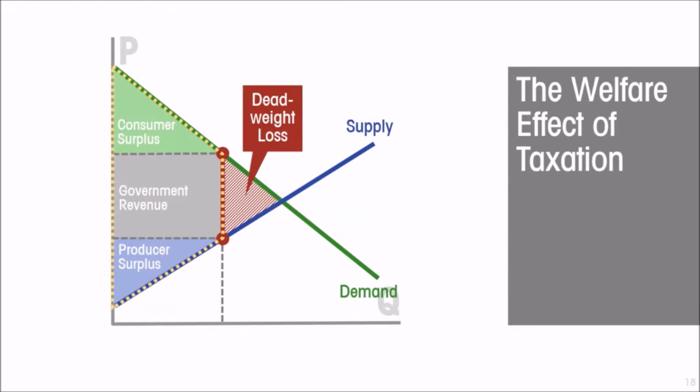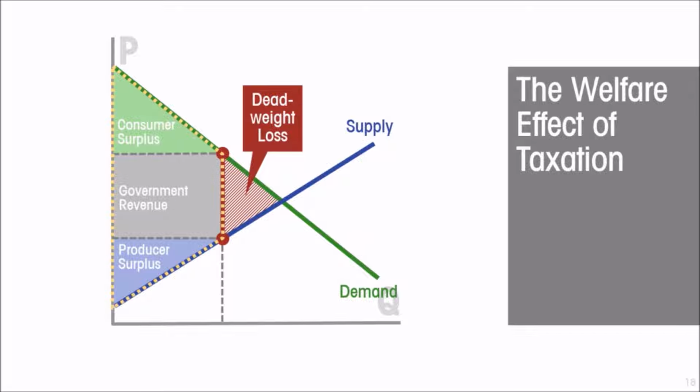What has happened here is that some of the consumer surplus is not lost to the economy as a whole, it is merely transferred to the government. And since the government is there to spend on public services, it ultimately redounds back to the benefit of the citizenry.